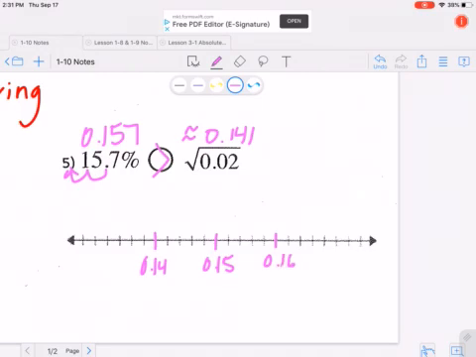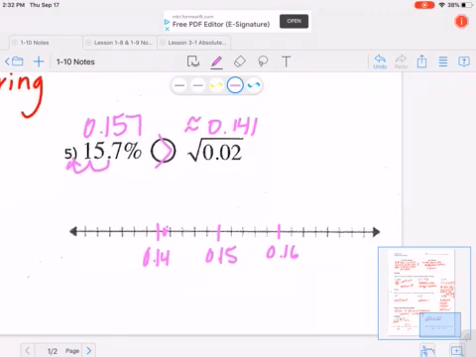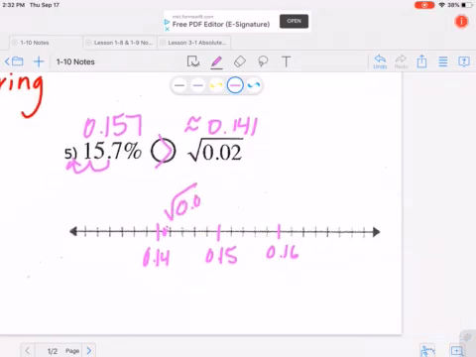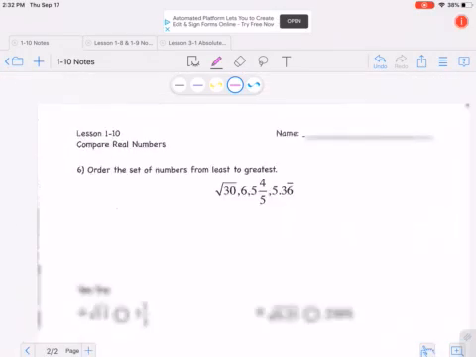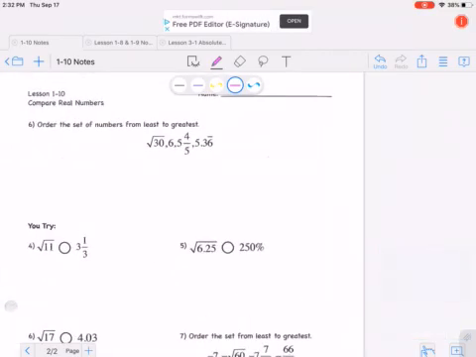So my square root of 0.02 would be down here, and my 15.7% would be somewhere up here. And there we go.